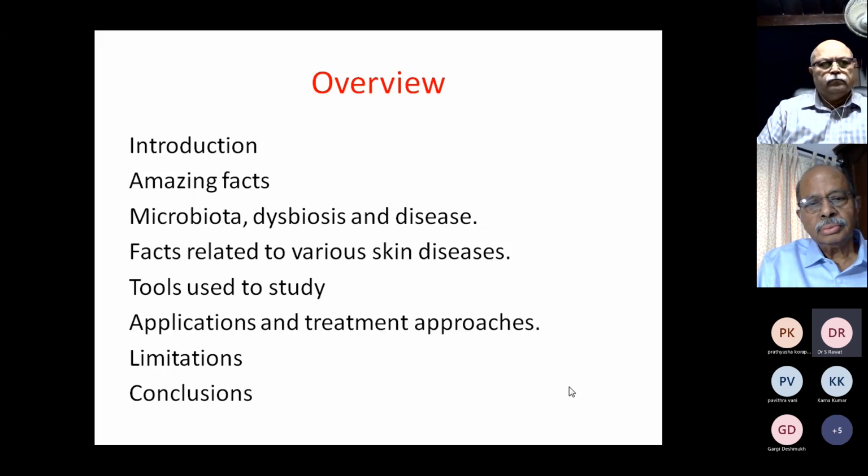Then I shall come to the applications and the treatment approaches which have come up, used not only in various skin diseases but also various other diseases like asthma, various systemic diseases, cancer and other digestive disorders. Then there are some limitations as of now, and finally I shall conclude.